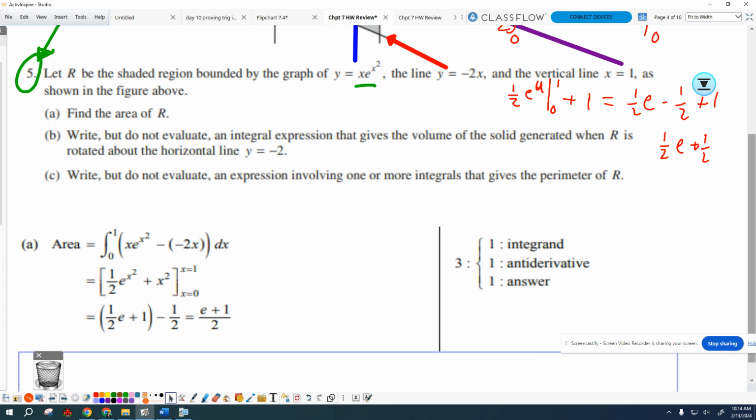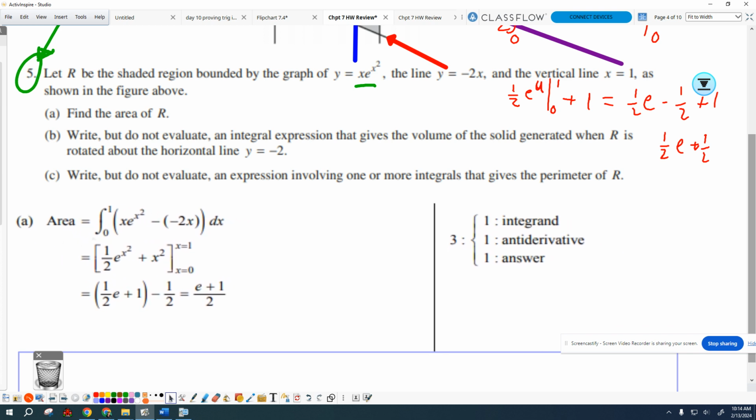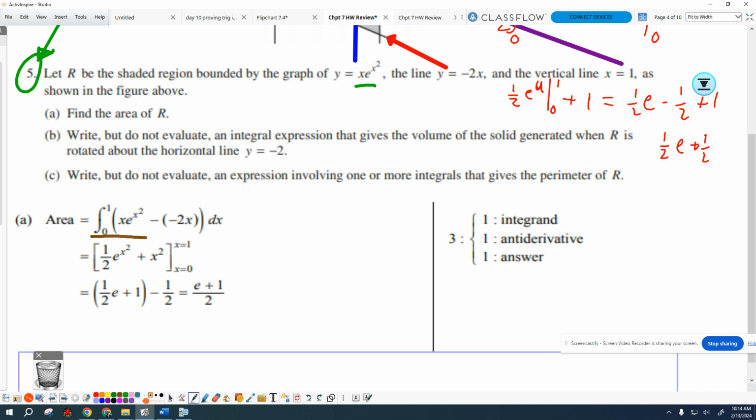On the AP exam, this is a third of one of the free response questions. 1 point for setting this up correctly. And then 1 point for being able to integrate the whole thing. If you didn't do the u substitution correctly, you don't get that point and you don't get the answer. If you integrated wrong but then plugged your numbers in right, they don't care.